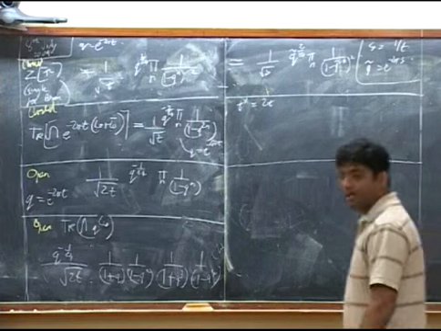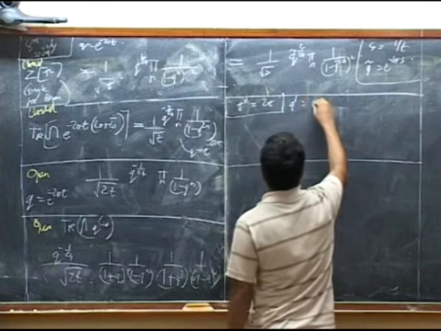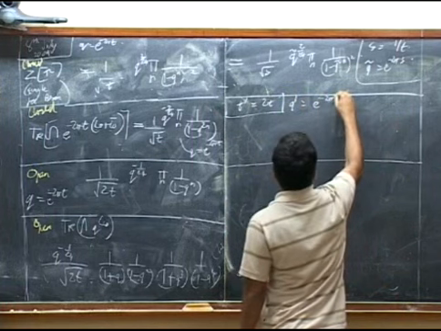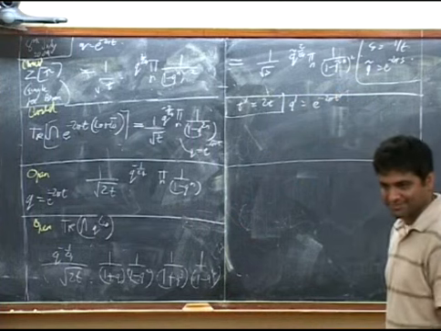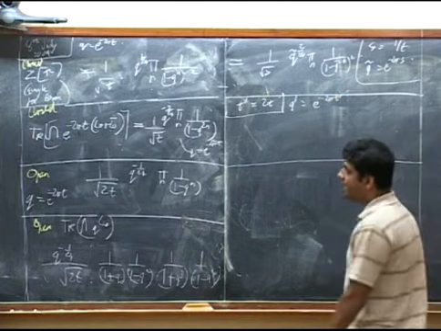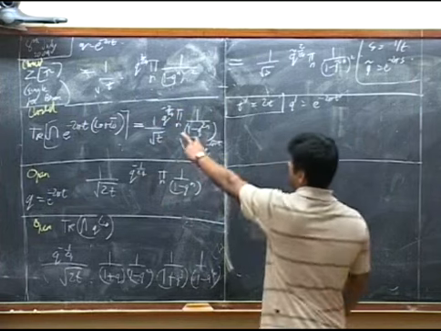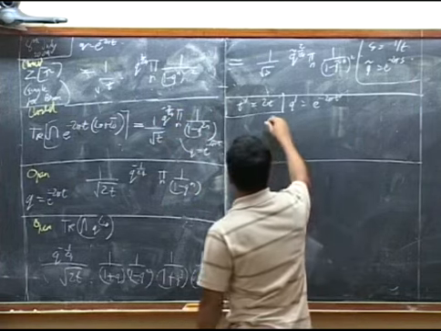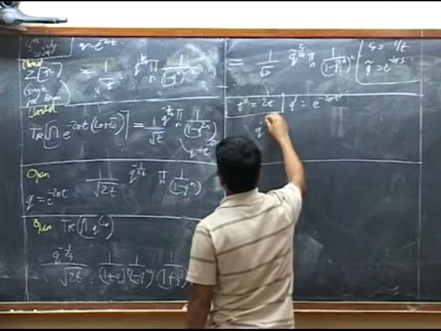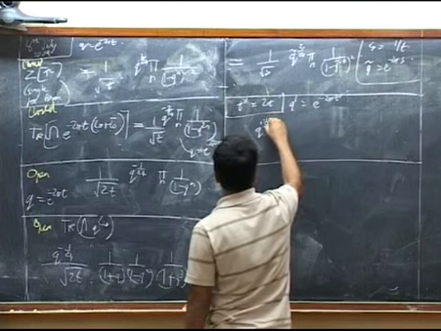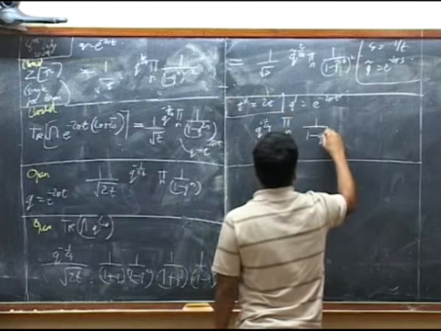Let's define the variable t prime equal to 2t, and let's define q prime equal to e to the power minus 2 pi t prime, e to the power minus 4 pi t. So expressed in terms of q prime, or equivalently in terms of t prime, this object here is what? This object is equal to q prime to the power minus 1 by 24 times the product over n of 1 over 1 minus q prime to the power n.